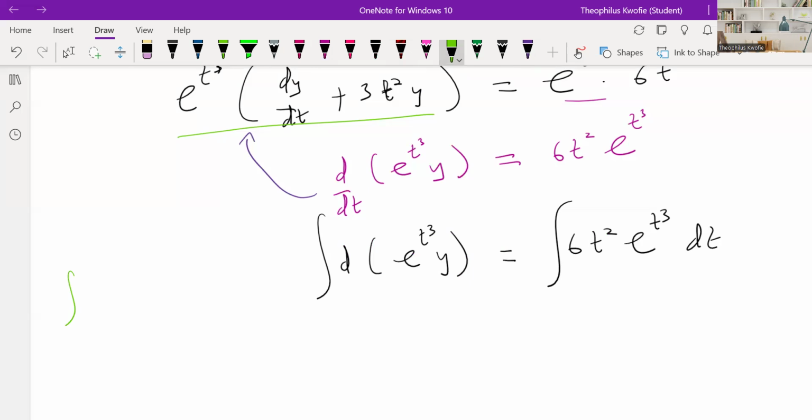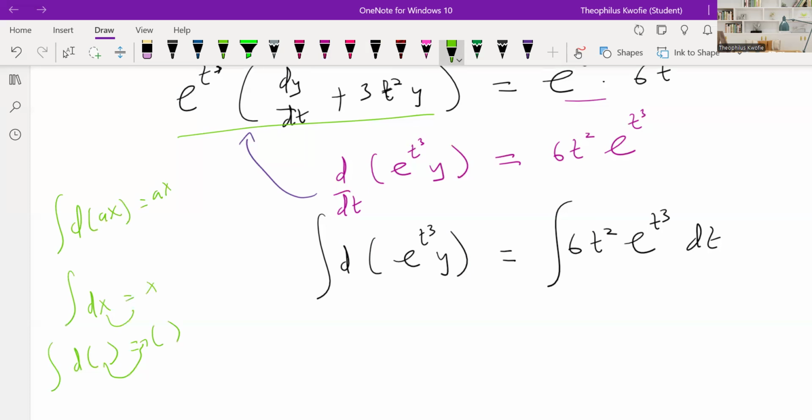For instance, if I give you the integral of dx, I'll always get x. If I give you the integral of d of anything, I'll always get what is inside the bracket. Suppose I give you the integral of d of ax, I'll always get ax.